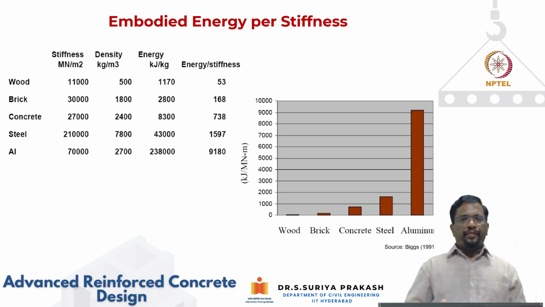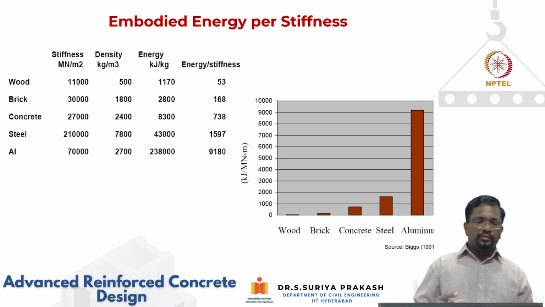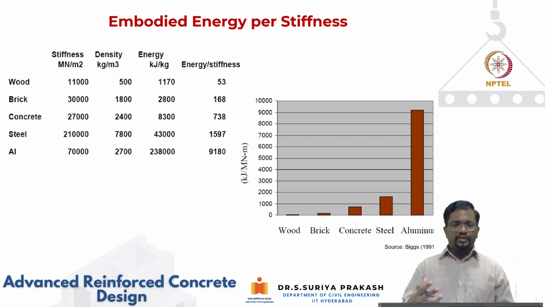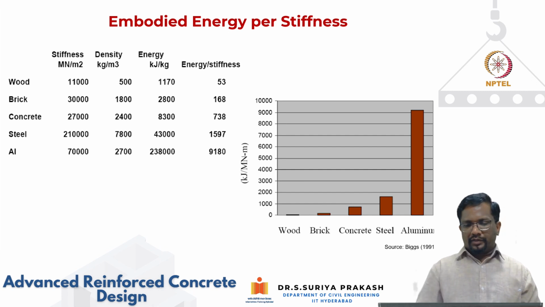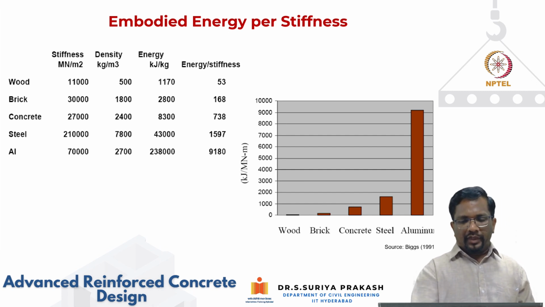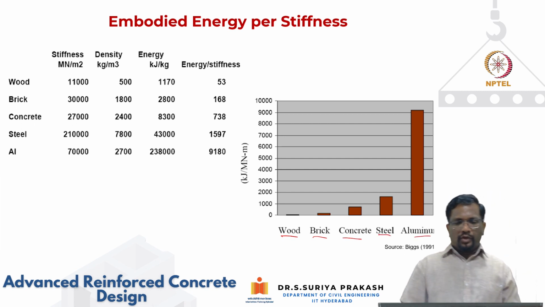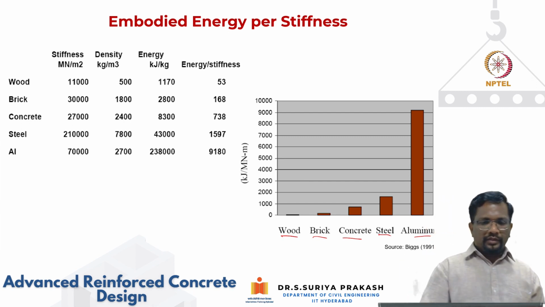Let's compare embodied energy per stiffness. The embodied energy is measured in terms of CO2 equivalent: how much CO2 equivalent per kg of the material is generated. Here in this slide, we are comparing different materials: wood, brick, concrete, steel, and aluminum. What we are comparing is the energy required per specific stiffness.